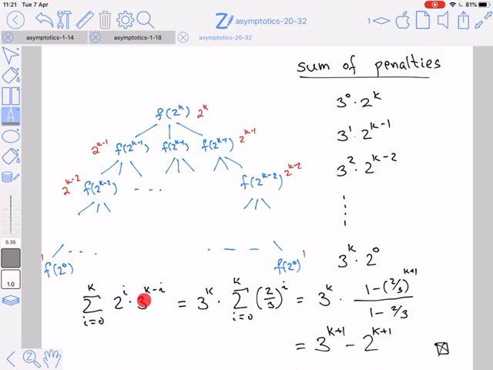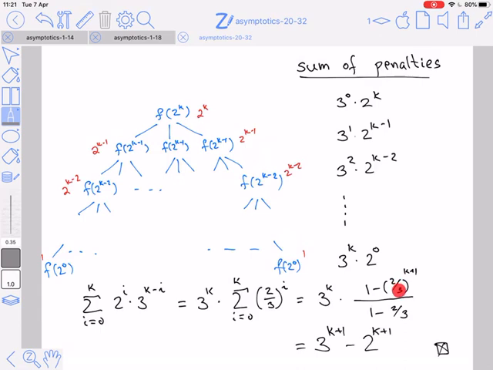Let me take 3 to the k outside of the sigma, and I get 2 to the power of i times 3 to the power of minus i. This is what I wrote over here. And this is nothing but a geometric series. We can apply the formula for the geometric series. So the 3 to the k we copy, and we have here 1 minus the quotient.